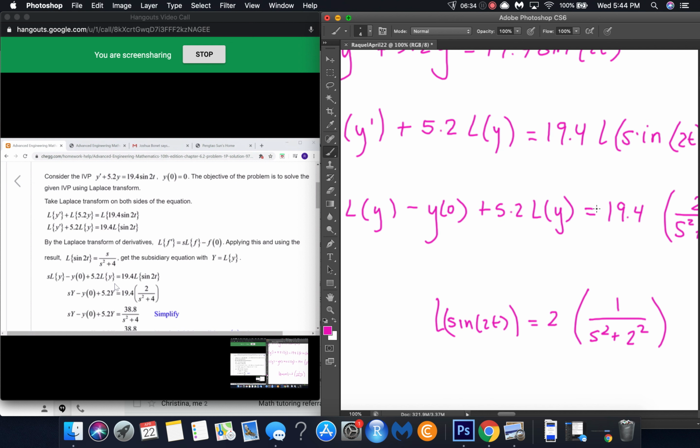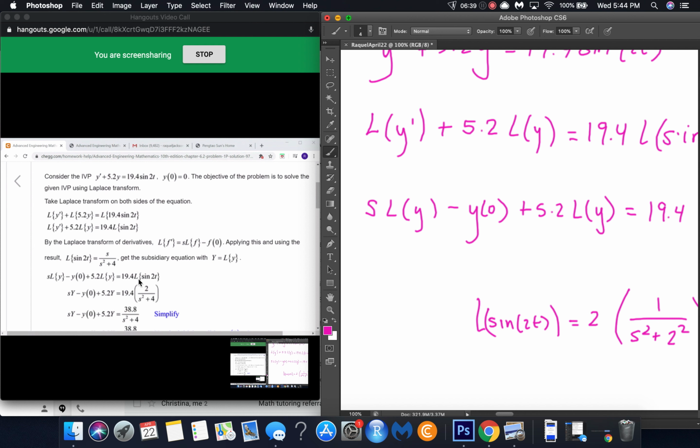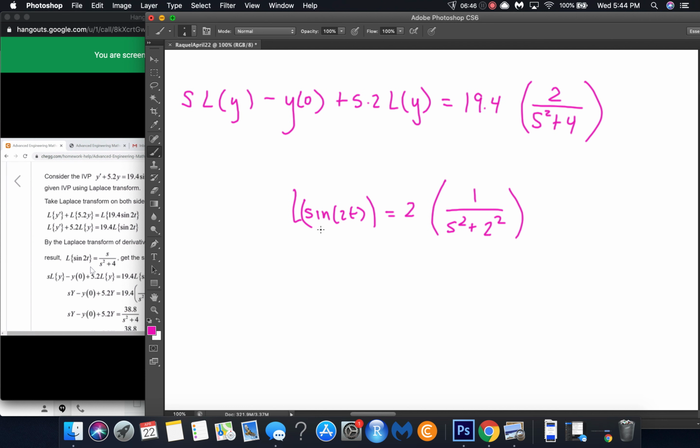Okay, and then as we mentioned before, they have L of y as capital Y. Now we know that y(0) is 0, so we can get rid of that. 19.4 times 2 is 38.8, over s squared plus 4.